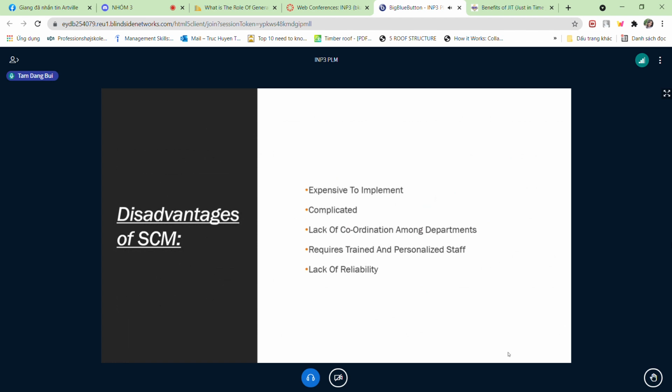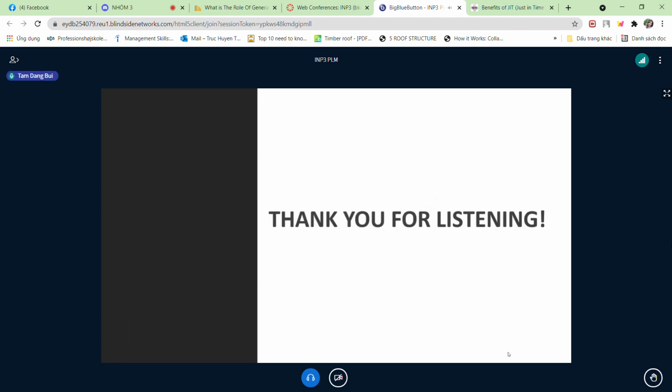It can be complicated, and if you have no plan prior to this, there can be a lack of coordination among the departments, and you are required to train your staff so they can get used to this process. And there can be a lack of reliability between people if there's not enough trust. And that's it for our presentation.